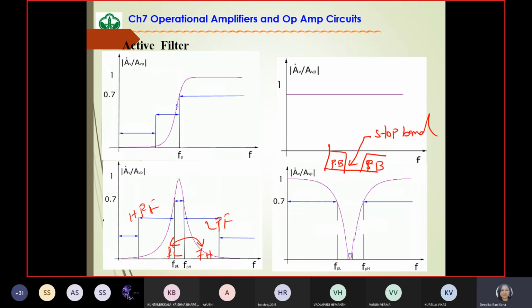You should not be confused. If you use high pass first, you should not write it that way. For band pass or band reject, the first frequency should always be FL and the second should be FH. Naming wise you have to change. Even though you use first high and first low, or first low and first high, you have to keep this sequencing.